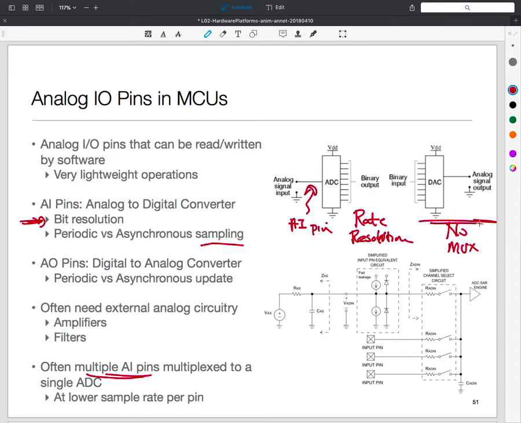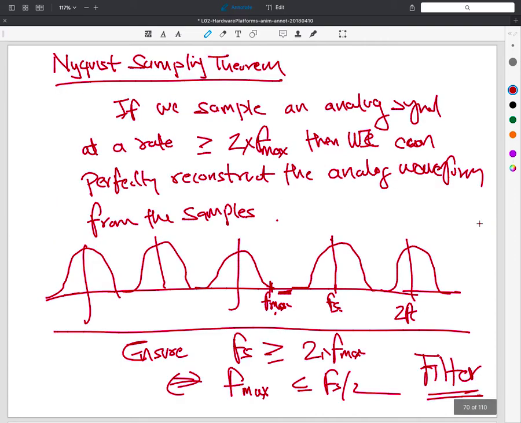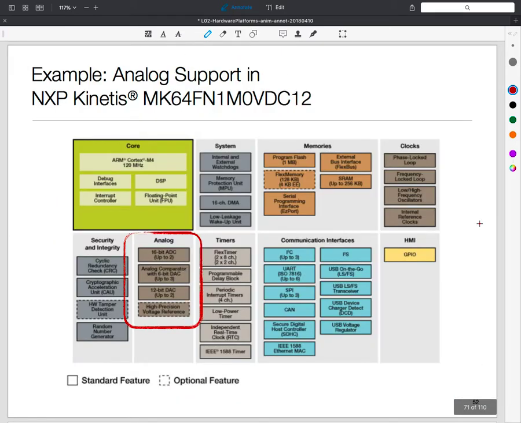So you have now 2 classes of general purpose I/O, right? General purpose digital I/O and general purpose analog I/O. Then we have, this is the analog part. So it has 16-bit ADC, up to 2 of them, depending upon the precise processor model.